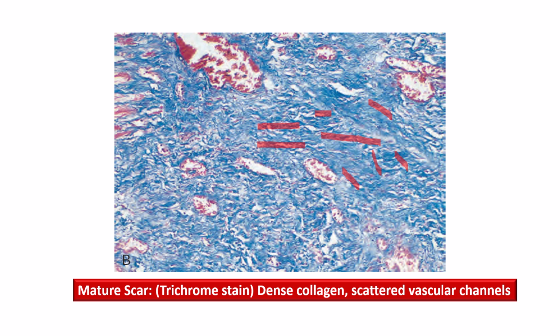As compared to the granulation tissue, the cellular density is much lower, and you see fewer fibroblasts and fewer inflammatory cells in this area, which reflects the transition from active tissue repair to a mature fibrotic scar.